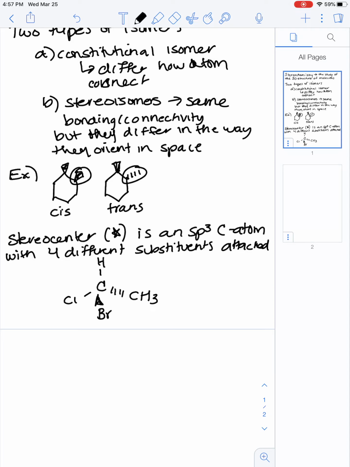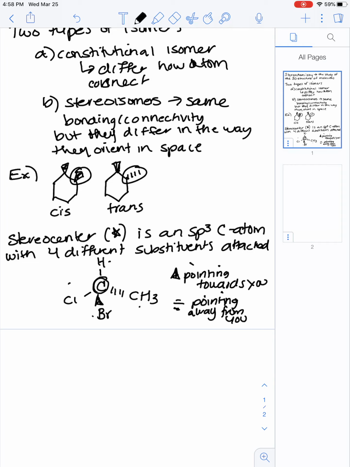And just a reminder, the wedge is pointing towards you and the dash is pointing away from you. If we look at this carbon atom right here, we have 4 different substituents attached to it, so this carbon is a stereocenter.